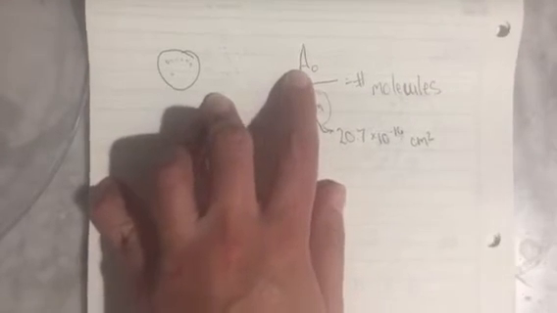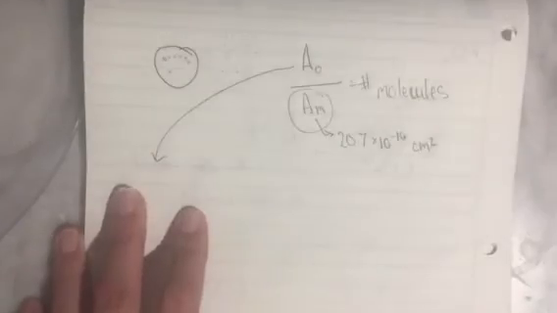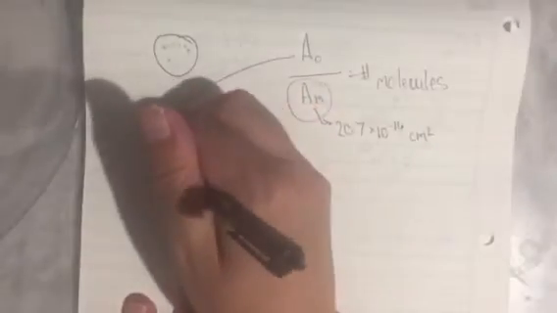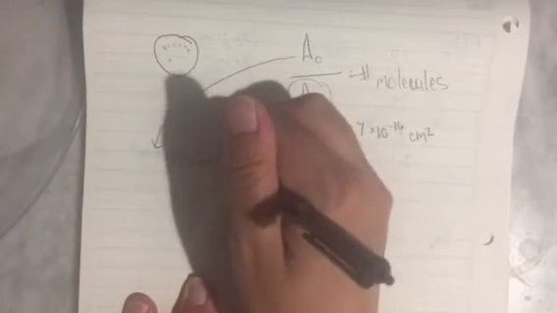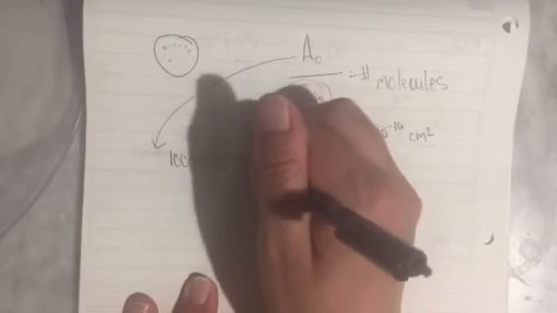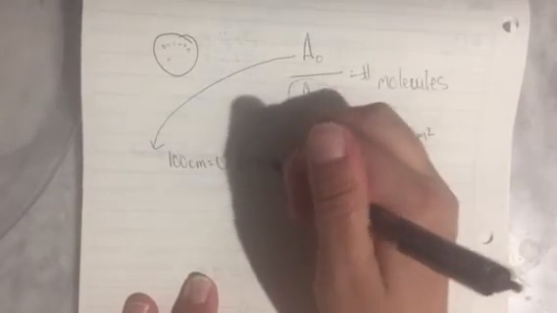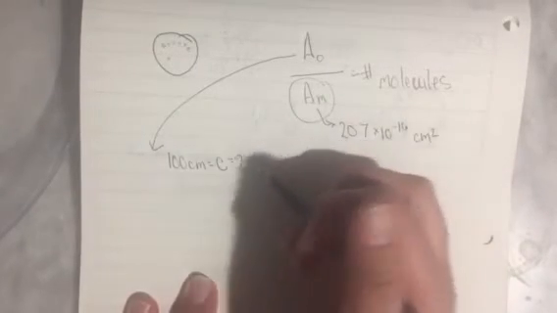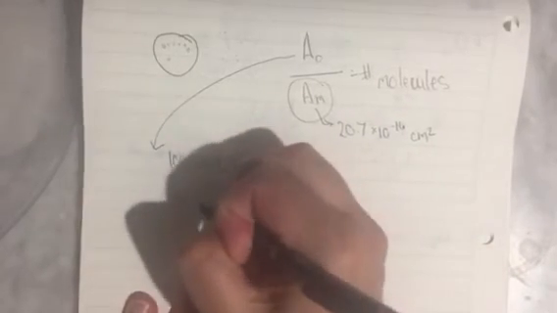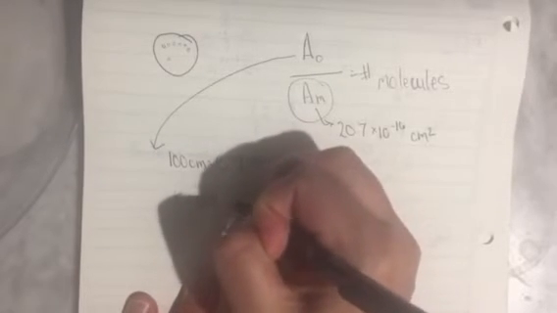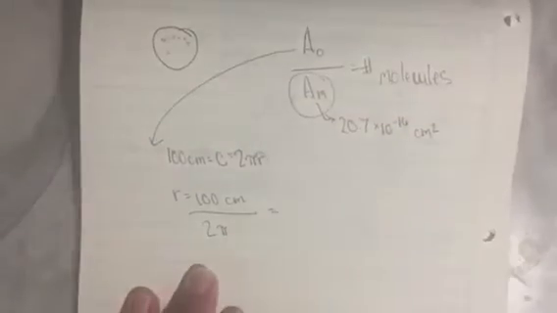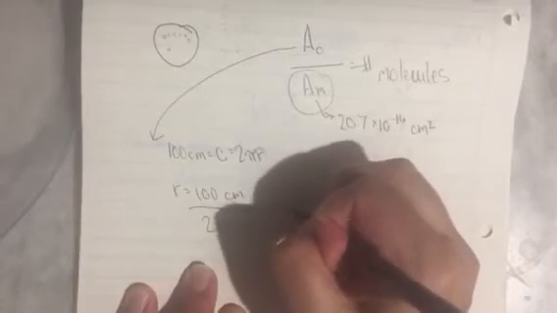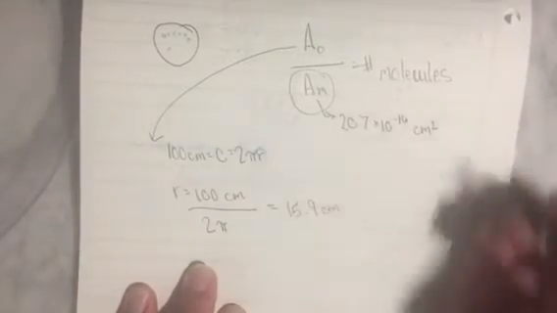The area of our circle we can calculate because we measured the circumference of our circle, which was about 100 centimeters of string, which is our circumference, or 2 pi r. From here we can calculate r and get our area. Okay, so r would be equal to 100 centimeters divided by 2 pi, or 15.9 centimeters.